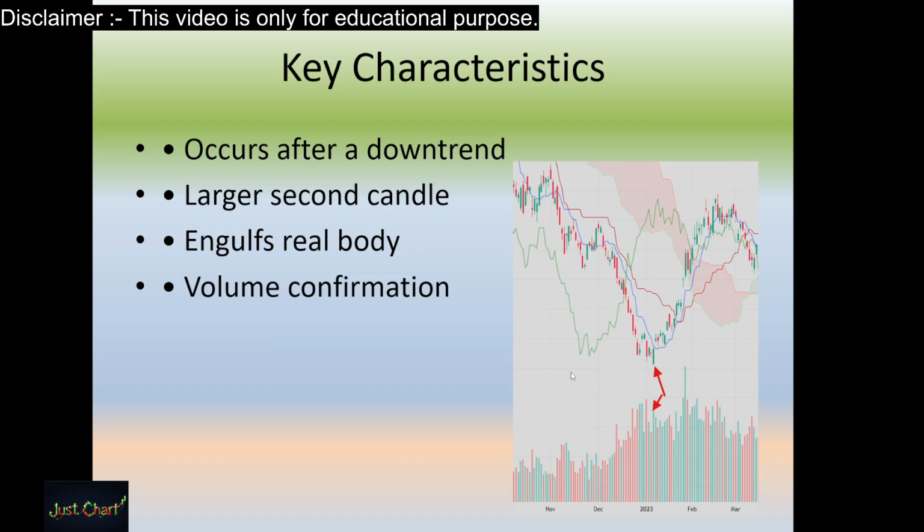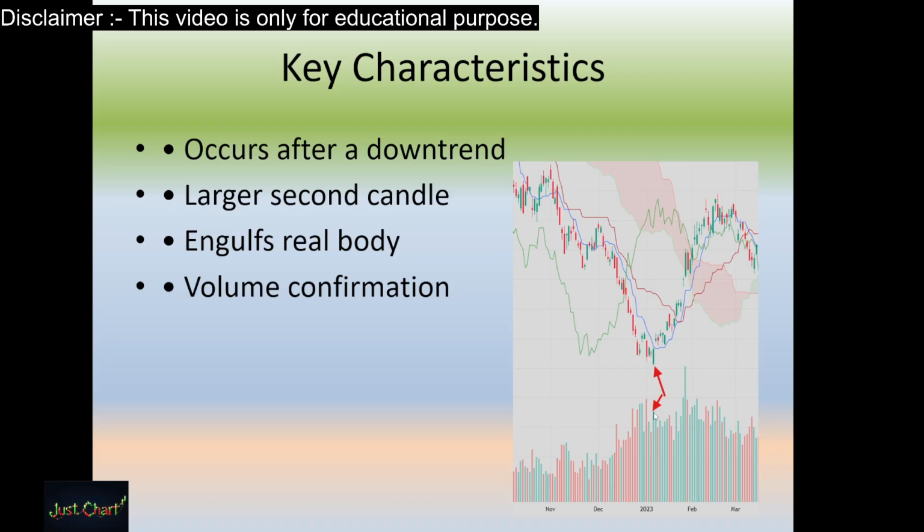The large second candle, the green one, engulfs the real body of the previous candle. And volume confirmation: the red candle volume is here, and the green candle volume is here. The green candle volume is greater than the red candle's, and the current day candle engulfs the previous day candle.